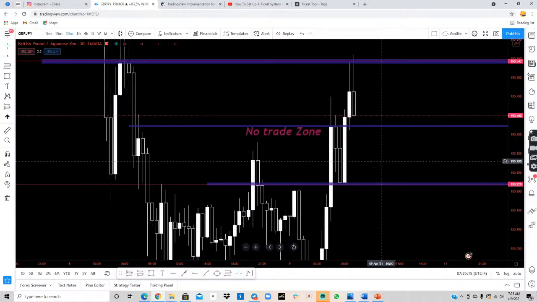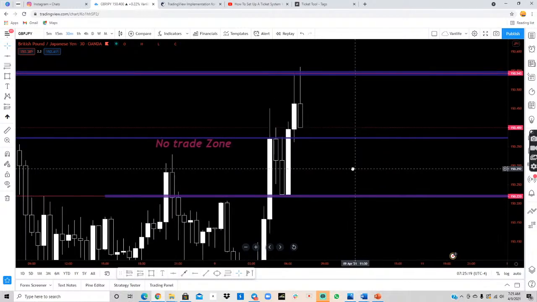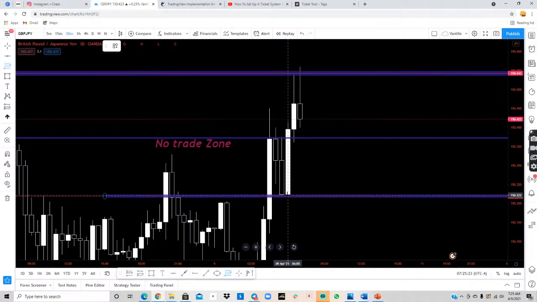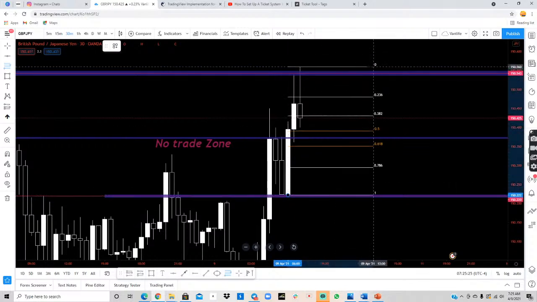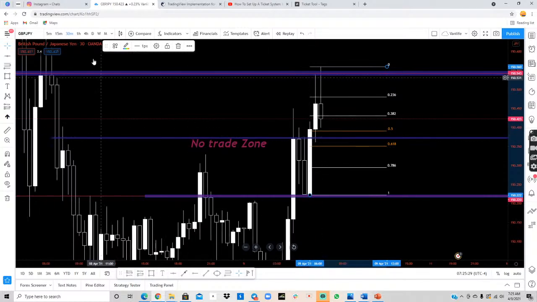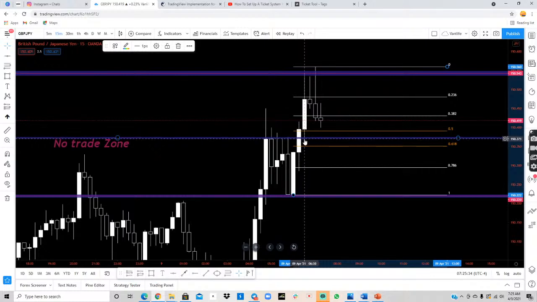As I can see, price is pushing down. Are we pulling back to retest the 0.5 zone to continue the bullish move? Is that what they're trying to do? But it would be very risky. Let's see how price actually forms.